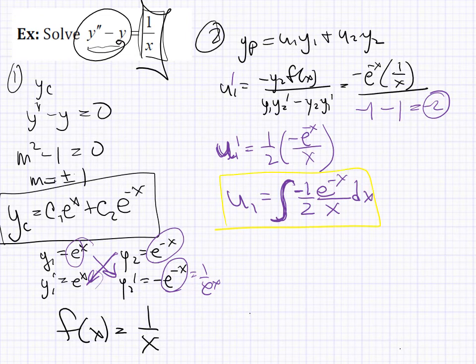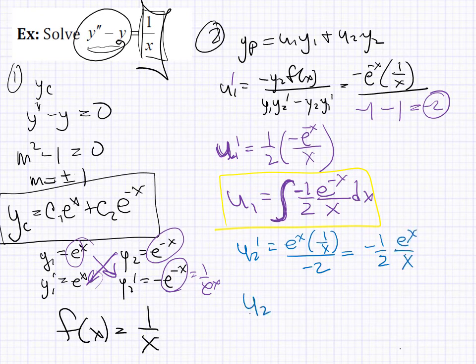And unfortunately, the same thing also occurs in u2. If I look at u2 prime, it's y1 times f of x over the same denominator, so minus 2. So we end up with minus 1/2 e to the x over x. And then u2 is going to be the integral of minus 1/2 e to the x over x.